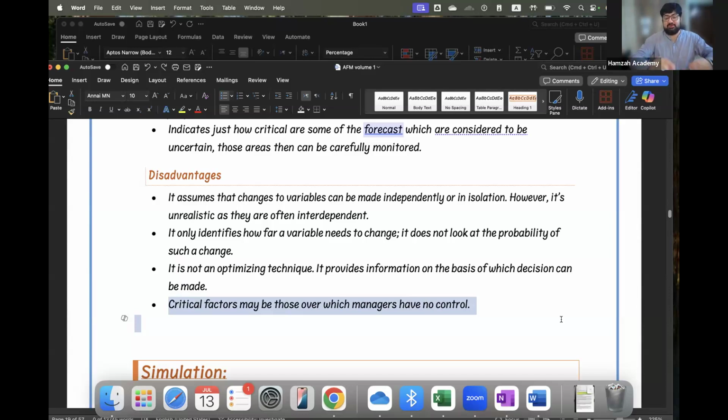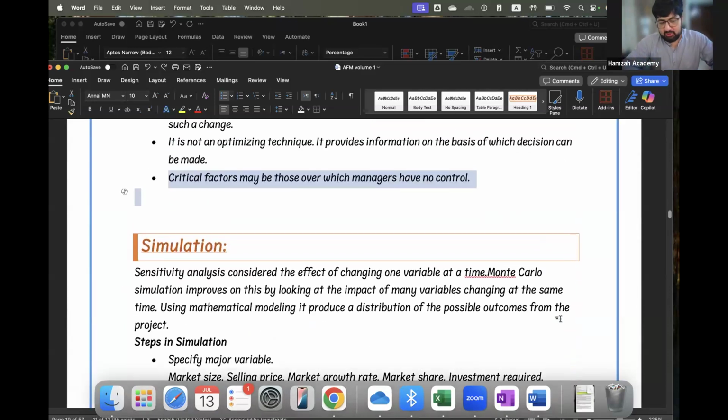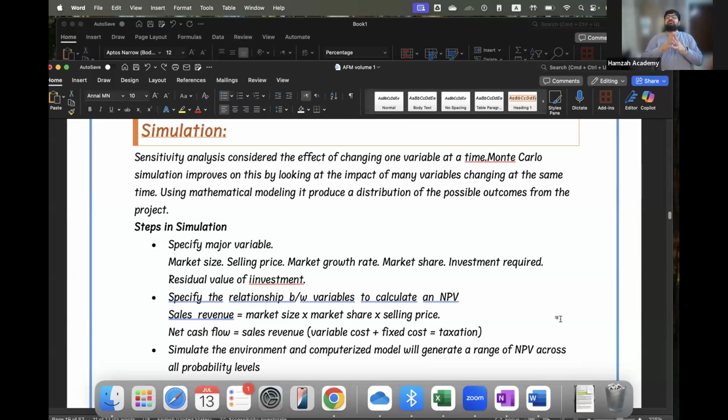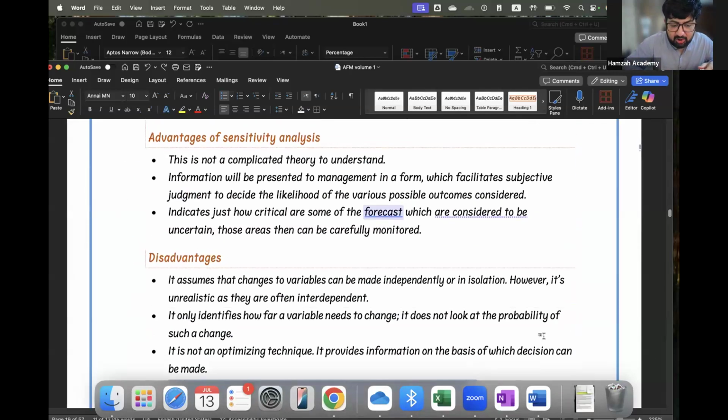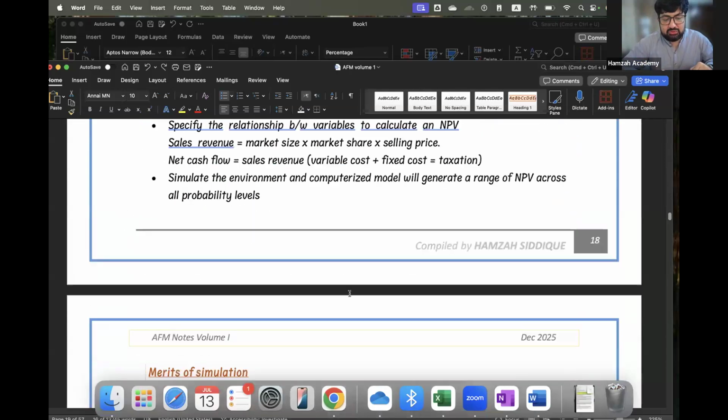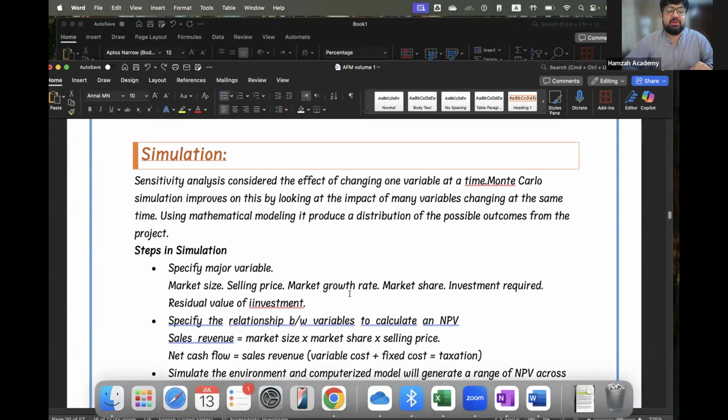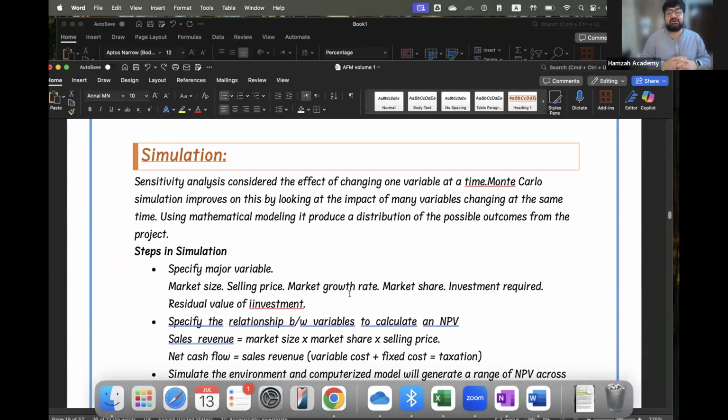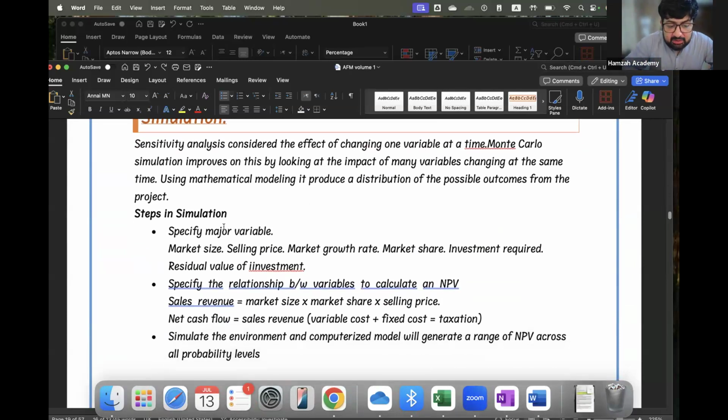Of course. Now, then came the simulation model. The simulation model is basically a solution to this problem of one variable at a time. It catered to that as well. This model uses mathematical modeling, a basic computer program, where you identify all variables and how they are interdependent.